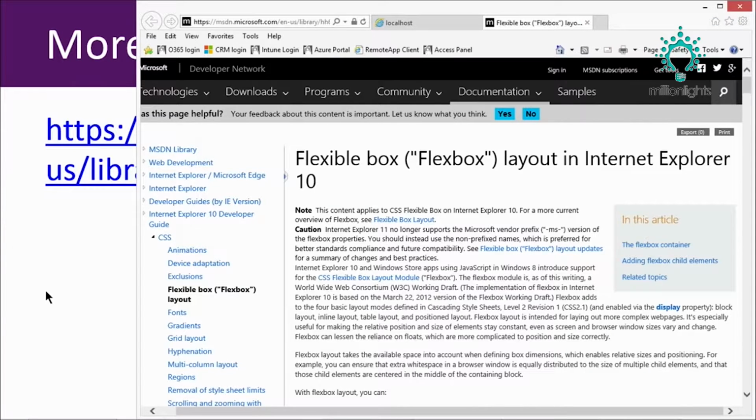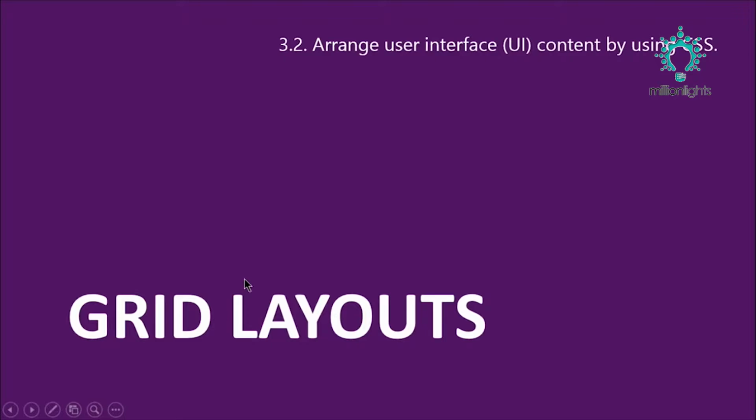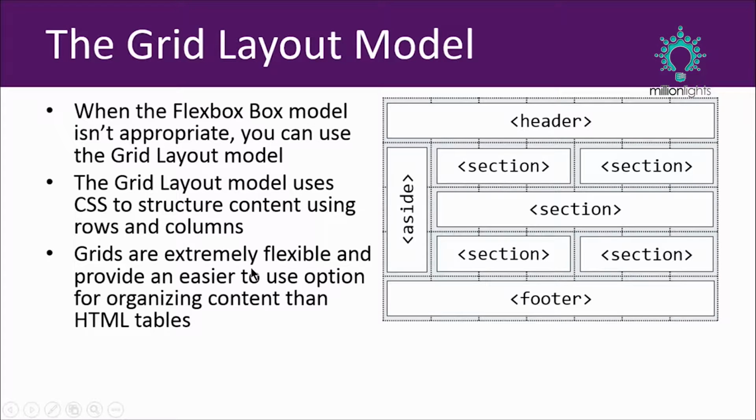All right, next thing's next. Grid layouts. Grid layouts are wonderful, right? The Flexbox model is wonderful for simple, flexible layouts, but when you need to go more complex, you can use the grid layout model. The grid layout model is very similar. I think of it as kind of like an Excel spreadsheet.